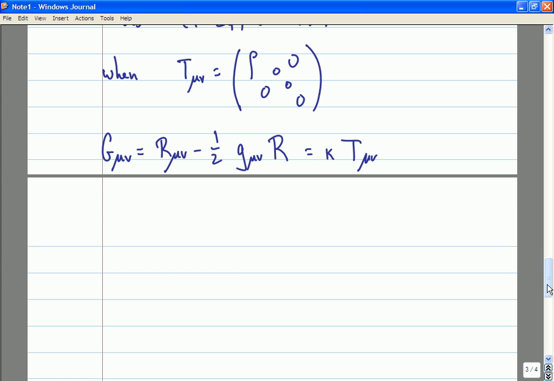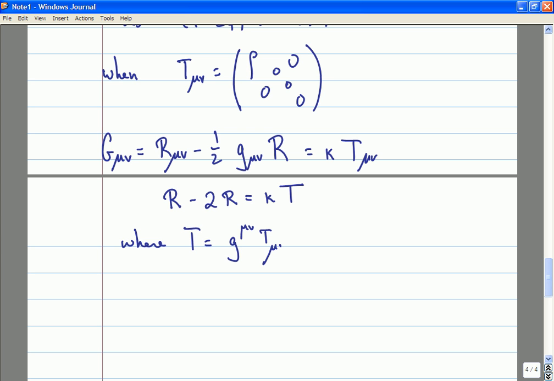That says that R, which is the trace of the Ricci tensor, minus 1/2 the trace of the metric, which is 4 just because we live in 4 dimensions, so minus 2 times R is equal to kappa times the trace of the stress tensor, which I'll call T. So what is the trace of the stress tensor?